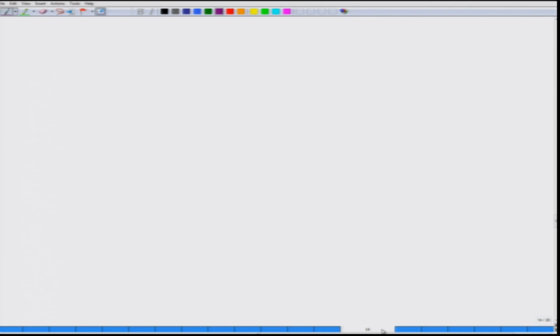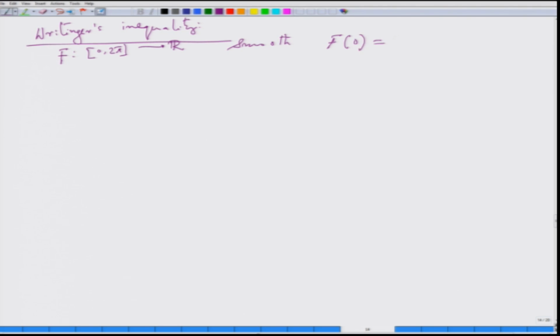Now, this is a consequence of the so-called Wirtinger's inequality, which says: suppose I have a function f from 0 to 2 pi to R, which is smooth with f(0) equal to f(pi) equal to 0, then integral 0 to pi of (df/dt) square dt is greater than or equal to integral 0 to pi of f(t) square dt.